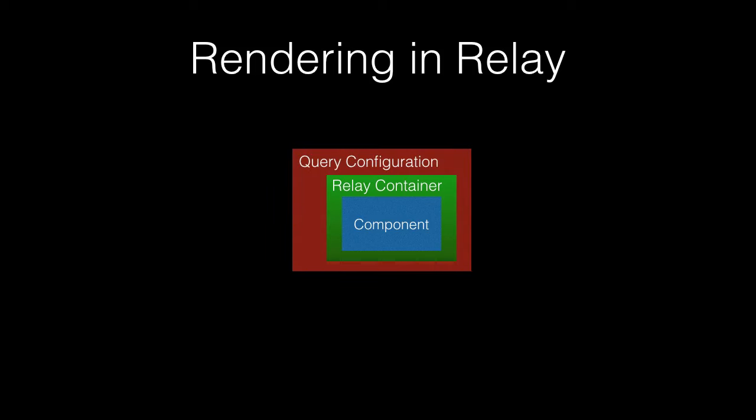It's really called Relay route, but the name is sort of misleading, and it's there for historical reasons. But really, what it is is just a query configuration. So basically, it says which user we're talking about. And once you do this nesting, then you have something that you can actually feed to React render, and it makes it into the DOM. So this is how rendering works.